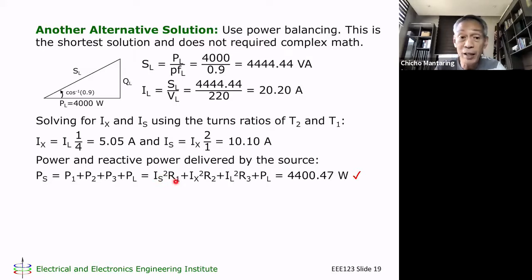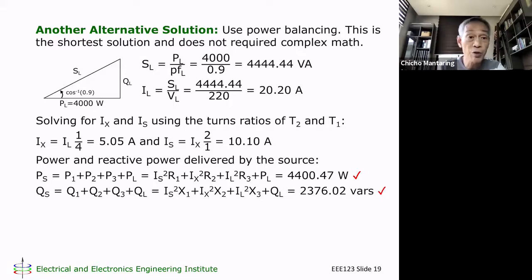This is the feeder connected to the source. And then Ix squared R2. R2 is the feeder between transformer 1 and transformer 2. And then IL squared R3. R3 is the feeder between transformer 2 and the load. Finally, the power delivered to the load. And you're going to get 4,400.47, which is exactly the same figure we earlier computed.